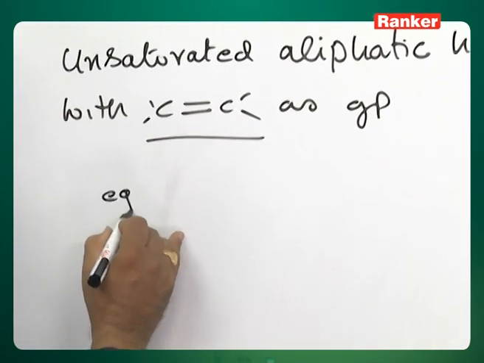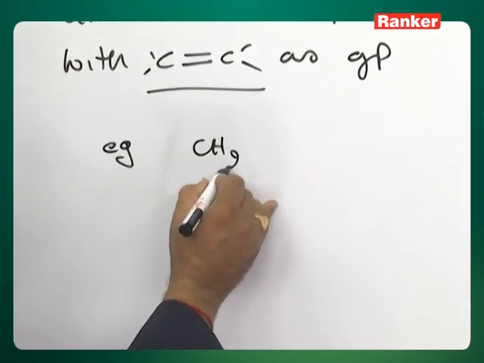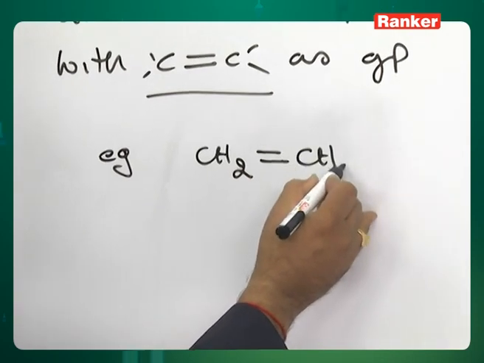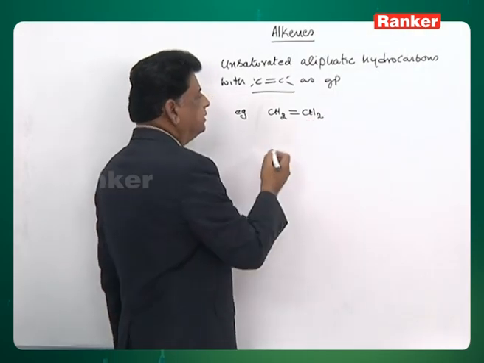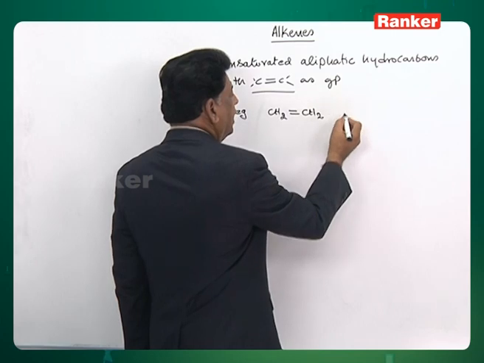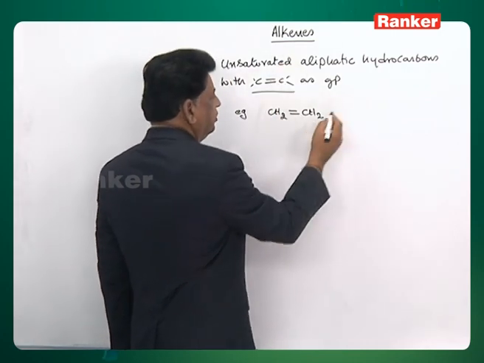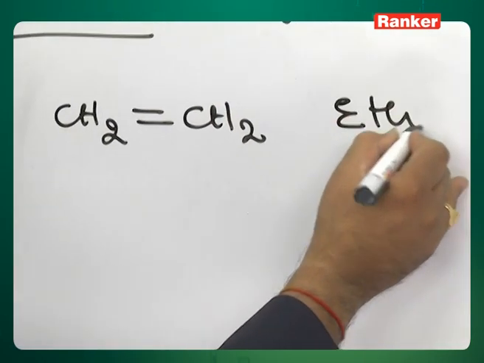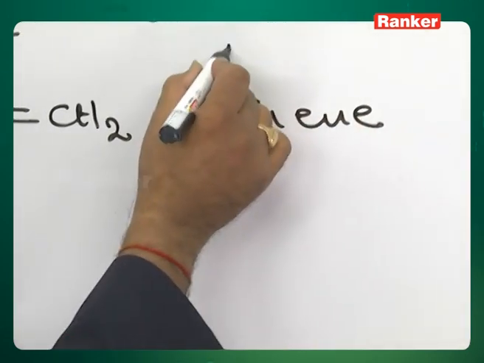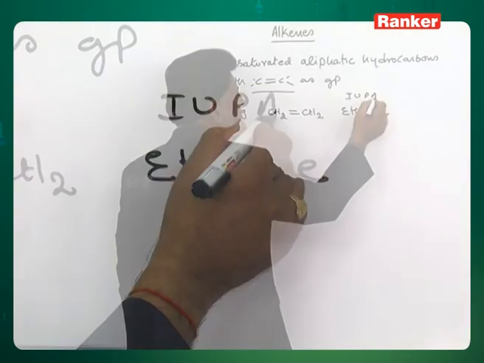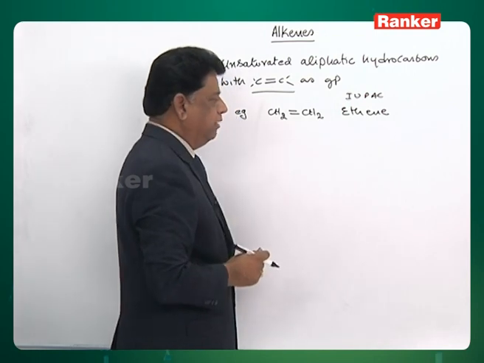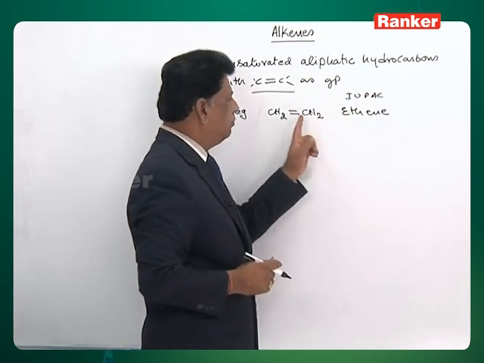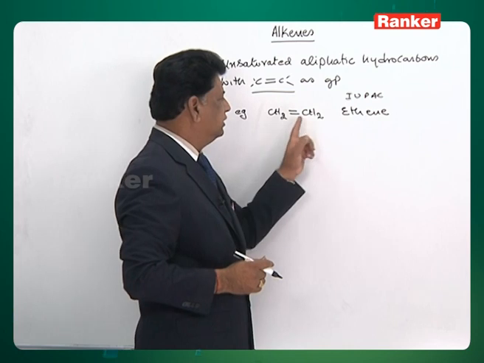The smallest example of this category is with two carbons. We have the first member, called systematically alkene plus E. So, two carbons are there, eth plus ene. This is the IUPAC name, the regular or systematic name. Eth stands for two carbons, ene for the functional group.